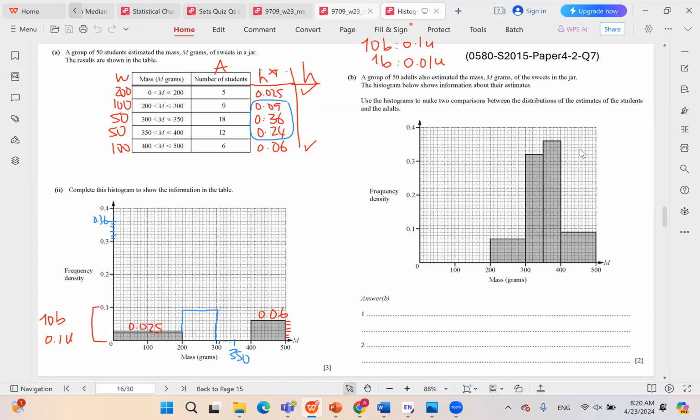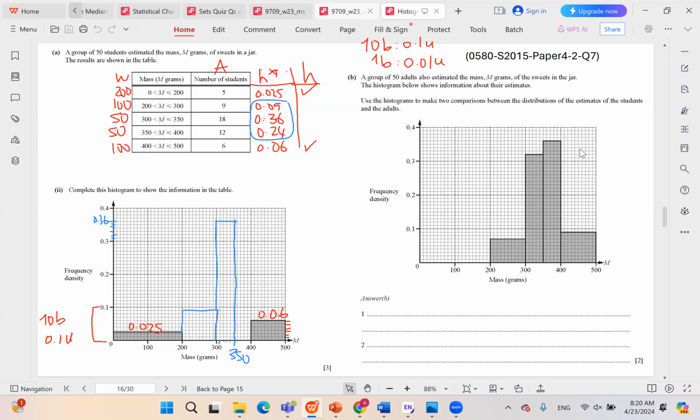There we are. And of course, we end it at 350. Excuse me, I'm doing the best I can on the screen, but it's not as accurate as one would love to have it. However, in your exam, you do have access to a ruler, so you should have a much nicer drawing than mine. And then finally, for the last bar, which lies between 350 and 400, you have a height of 0.24.